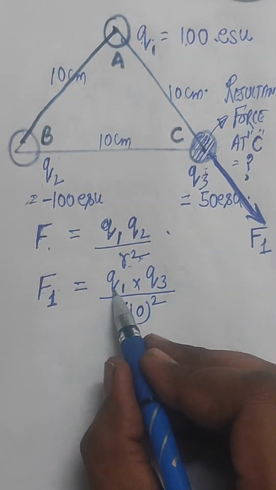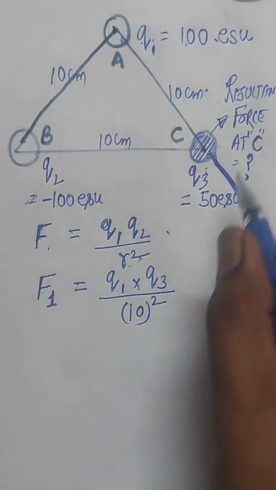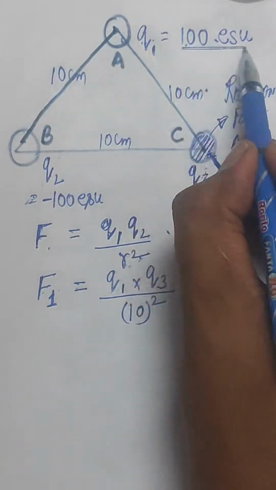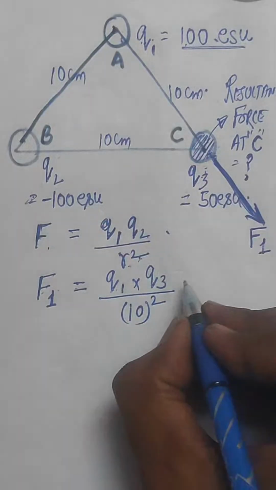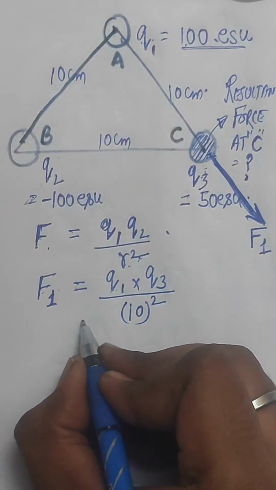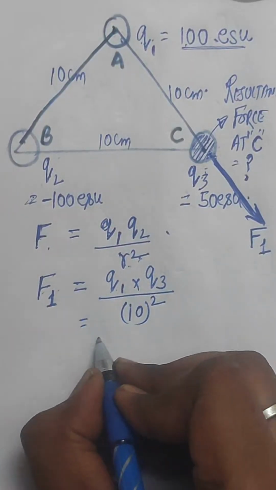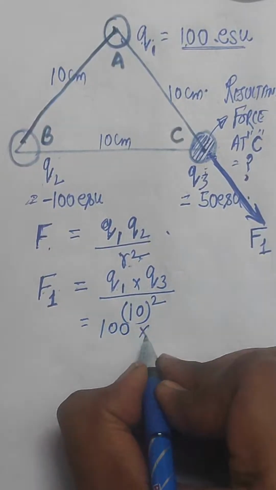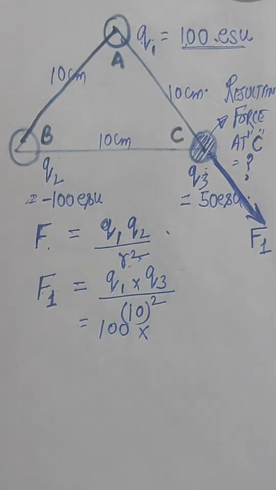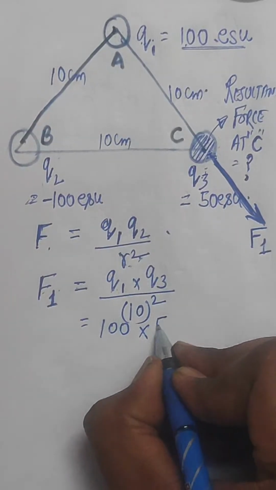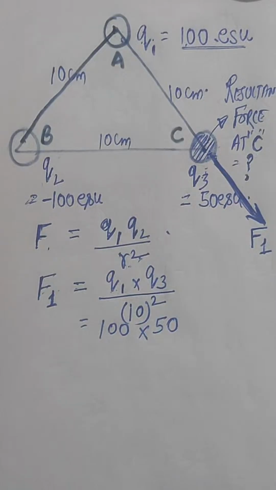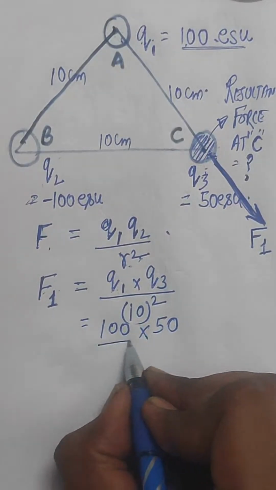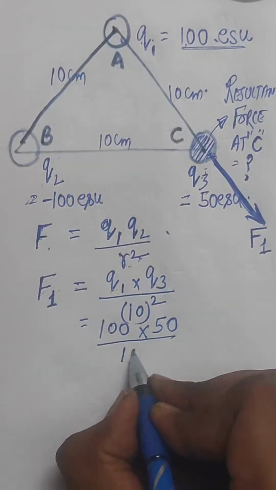Now, what is the amount of Q1? Q1 is 100 ESU, so put the value of 100 ESU over here. Q3 is 50, and the distance between them is 10 square, that is 100.